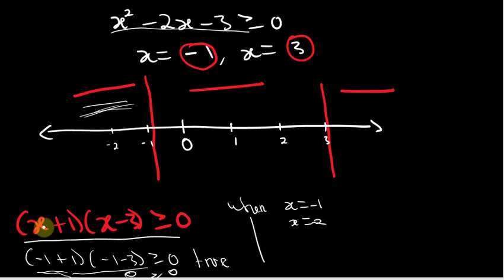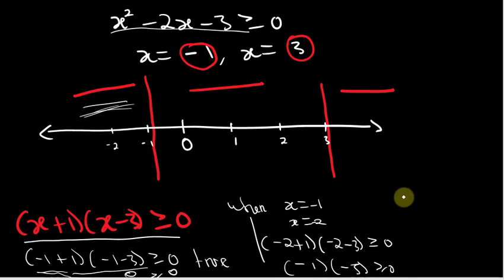We take this same factorized expression here. So we have -2 plus 1, and -2 minus 3 is greater than or equal to 0. Once again, let's analyze whether this statement is true. -2 plus 1 is going to give us -1, and -2 minus 3 is going to give us -5.